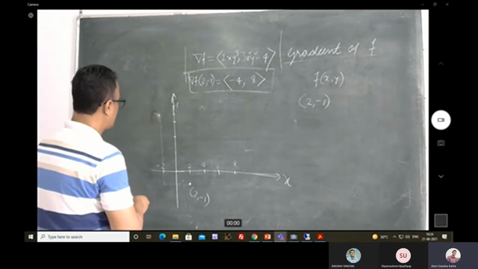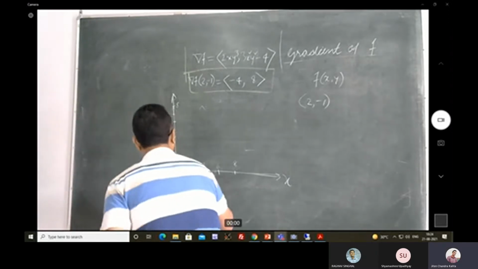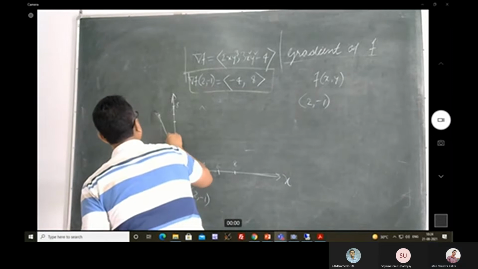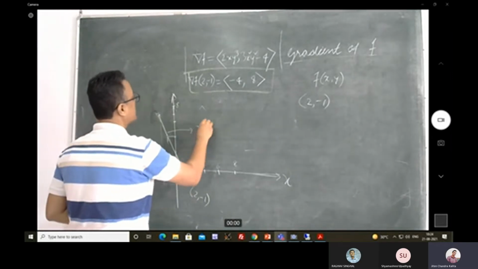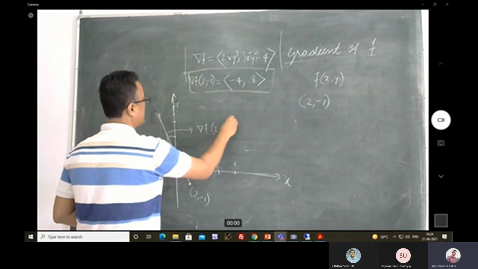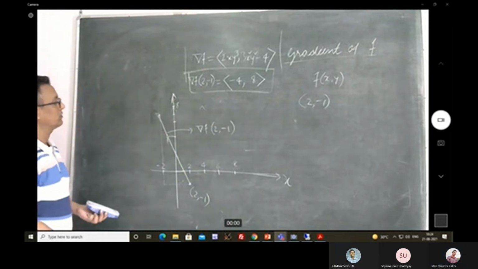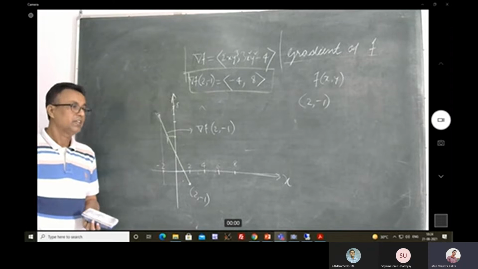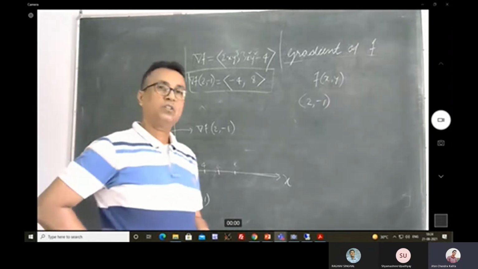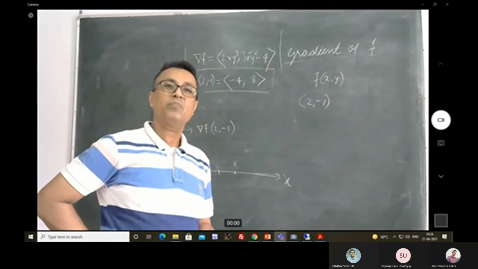So this is the vector, your gradient of f at (2, -1). Is it okay with you? Fine? Yes, sir. Right?